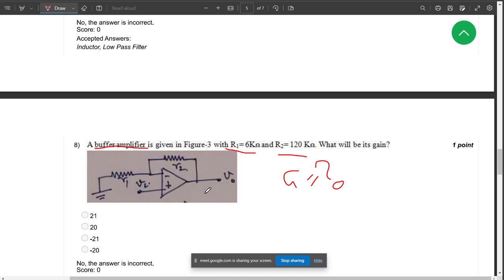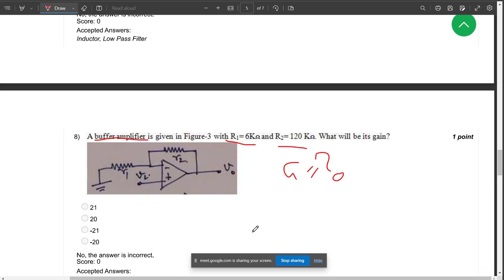Here, is V0 equal or proportional, ma'am? Proportional but almost equal. Here it is proportional because it's R2 and R1, but if it is short circuit, then it is almost like 1.